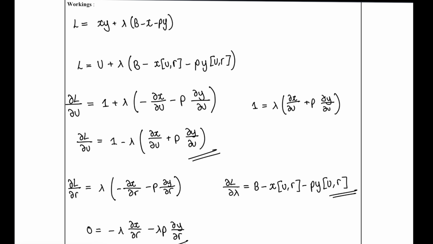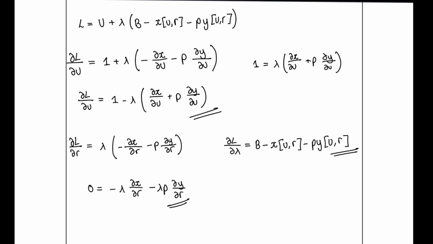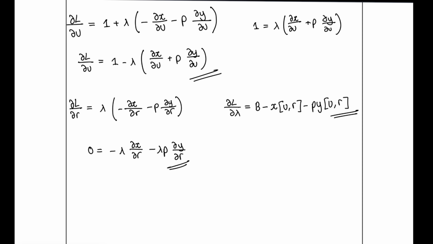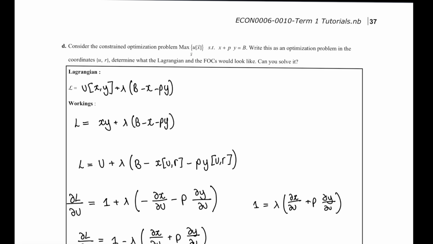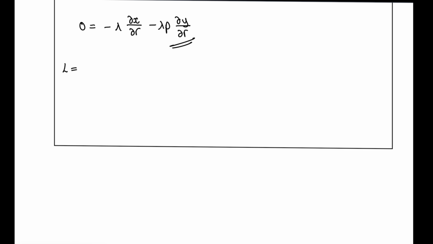Can you solve it? So solving these first order conditions will be a bit tedious. So if we go back to this Lagrangian in the coordinates x and y, we have the Lagrangian which is equal to xy plus lambda times b minus x minus py.